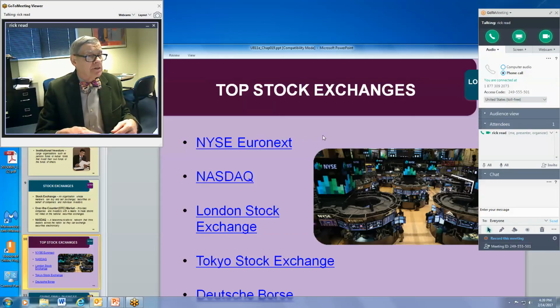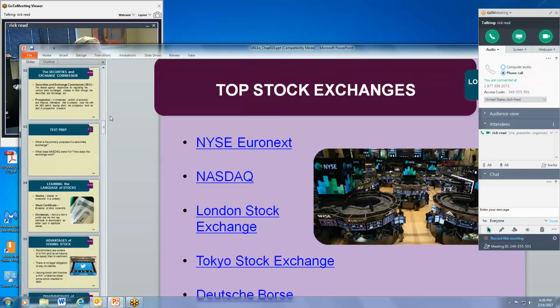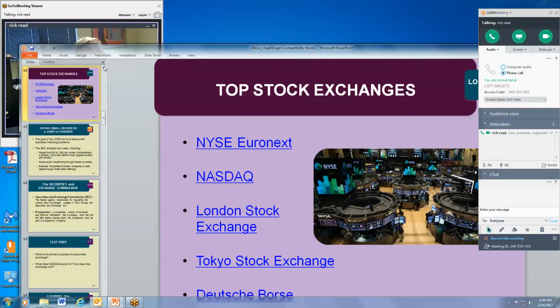London Stock Exchange, also referred to as the FTSE, Financial Times Index. Then we also have the Tokyo Stock Exchange, and I can't give you the name in there, and the Deutsche Börse, which is the German stock exchange, and then there's the CAC, which is the French exchange. And there are other ones around. Those are just the ones that come to my mind, not necessarily that they're any better than the other.